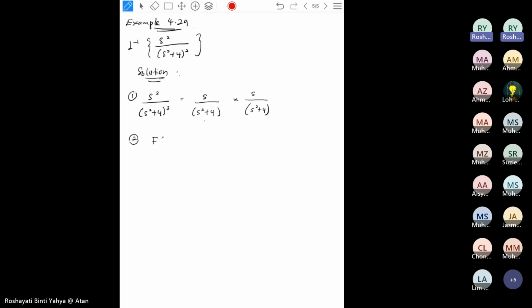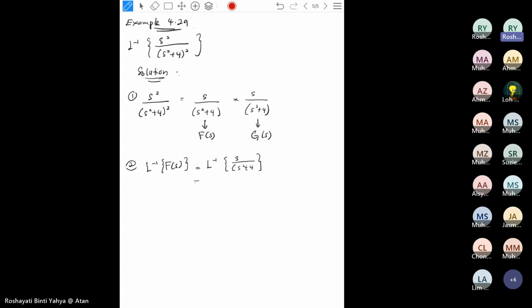So this is FS and then this is GS. Number 2, inverse Laplace of FS equal to inverse Laplace of S over S squared plus 4.